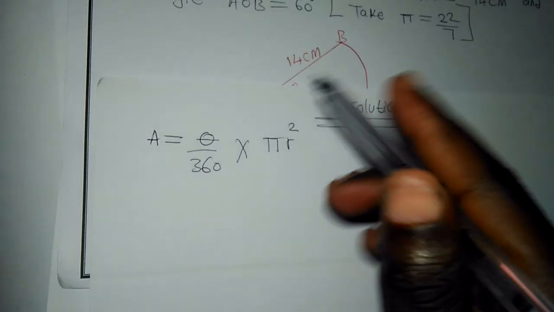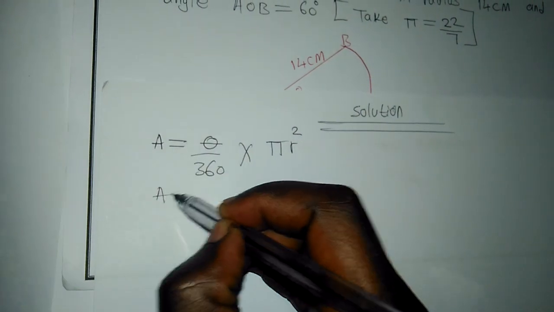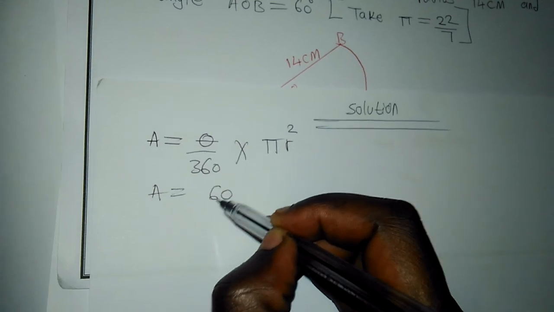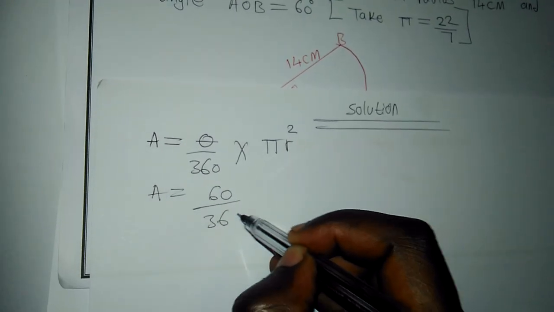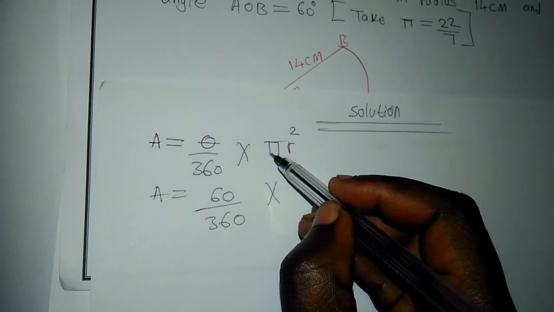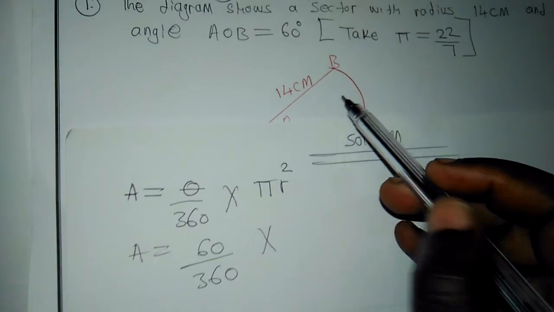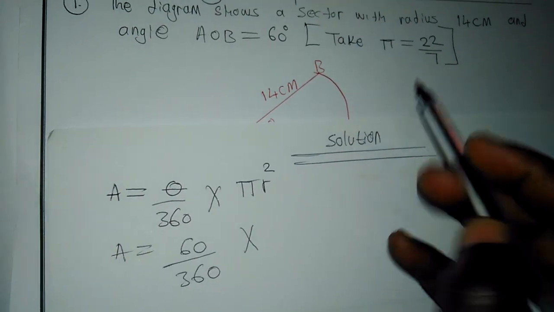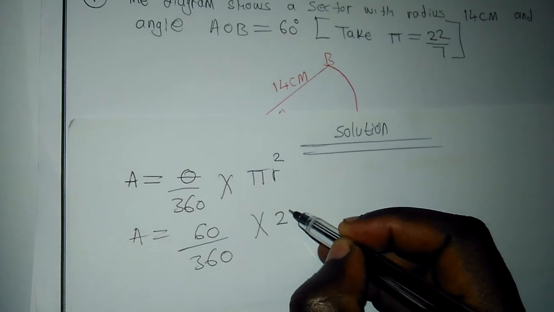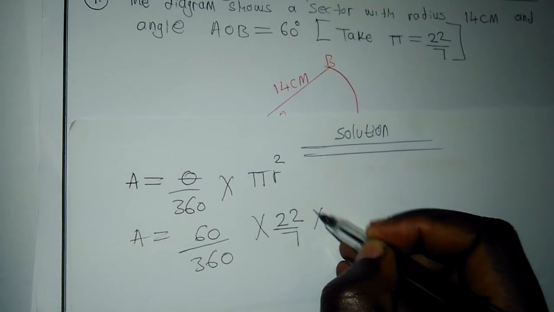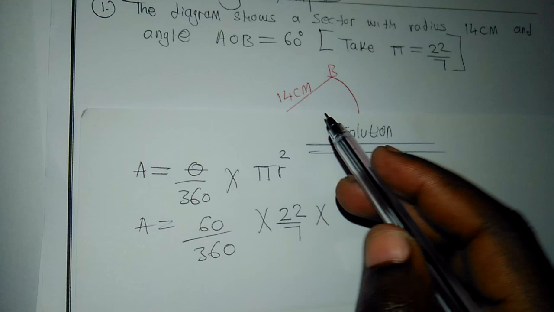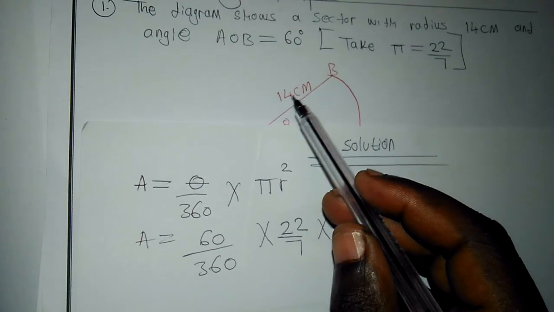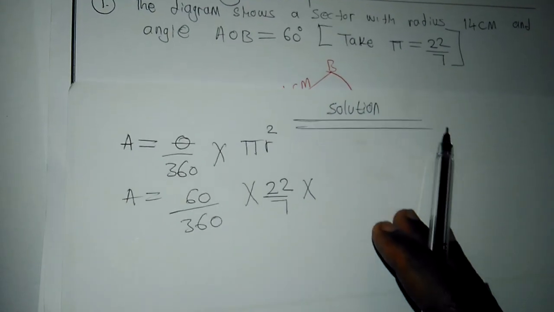So we say area is equal to 60 over 360 times pi. Here it's specified to take pi to be 22 over 7, so our pi is 22 over 7 times the radius. The radius is 14.